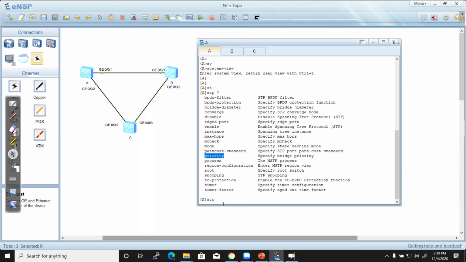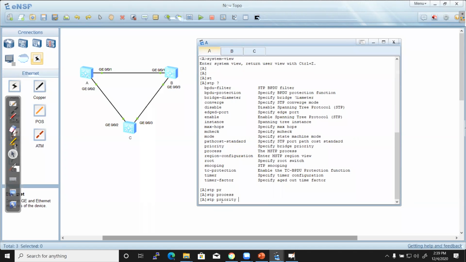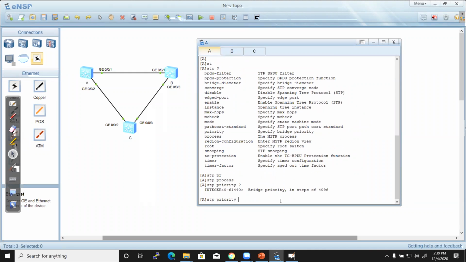I will say STP priority and then put the question mark. And you can see the bridge priority in steps of 4096. That means this value should be a multiple of 4096, in steps, that means the increment of 4096.